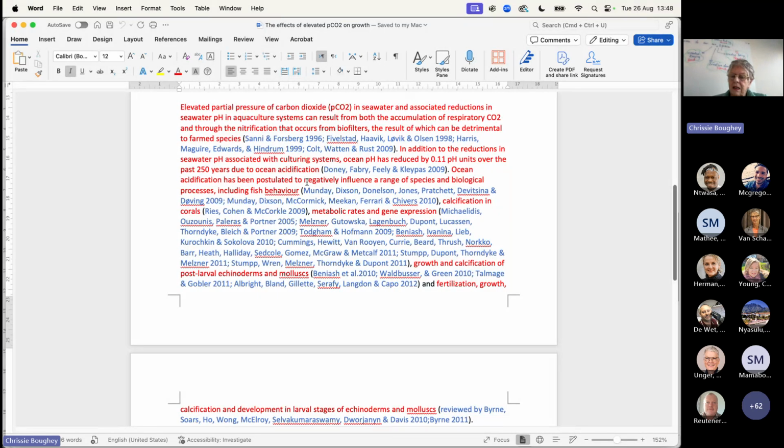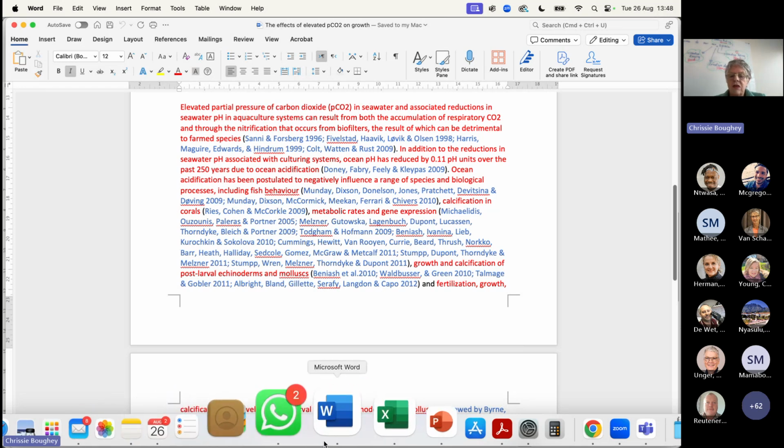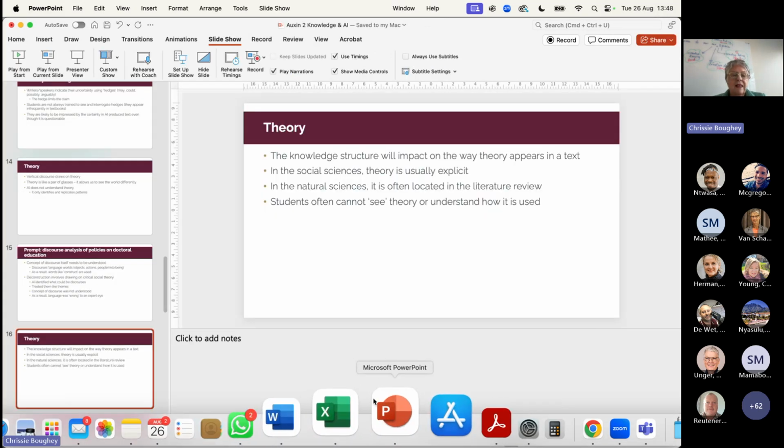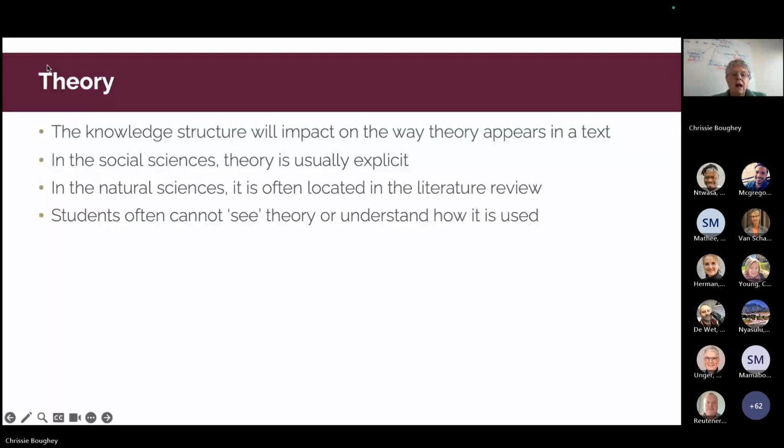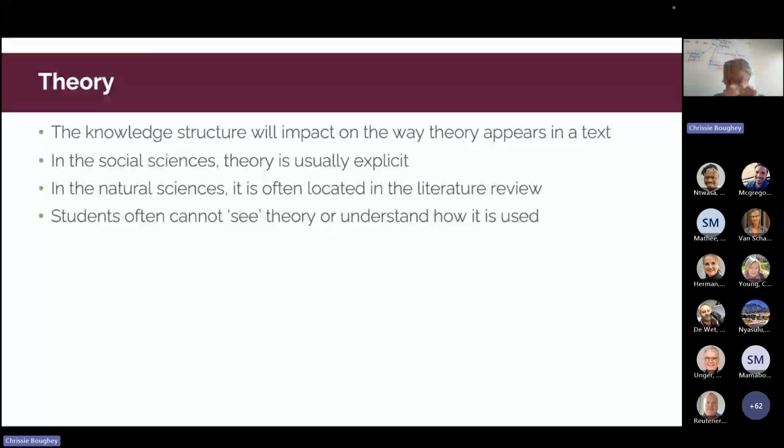So he could also see the theory based on the names. That was his expertise coming through. The students couldn't do that, to the extent that they told me, oh, there is no theory. Okay, so the point is that students often can't see theory or understand how it's used.